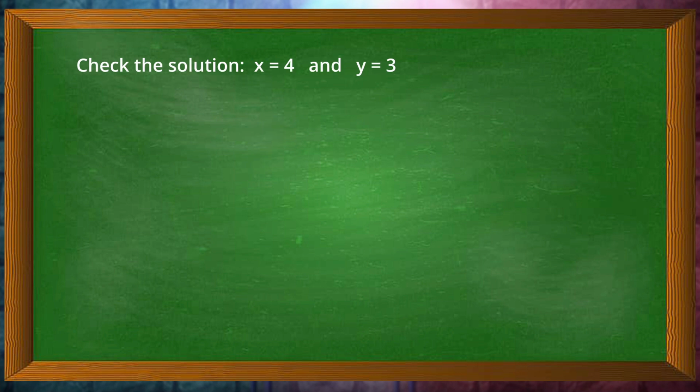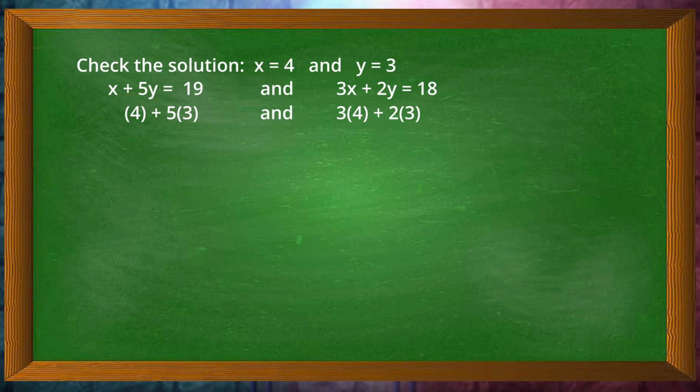Now that we have the solution, we should check that it is correct. Substitute the values for x and y into both of the original equations and see if they work. We had x + 5y = 19 and 3x + 2y = 18. For the first equation, this gives (4) + 5(3), which gives 4 + 15, leading to the answer of 19, which is correct.